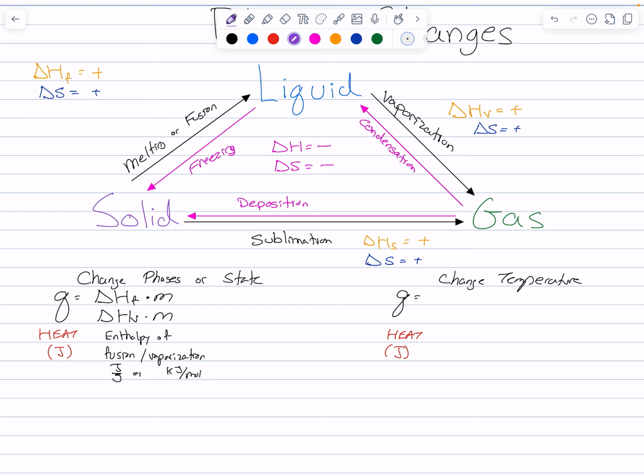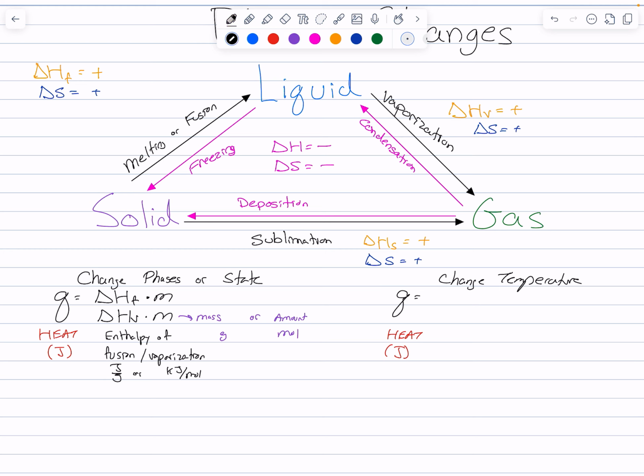M, of course, is mass. So we can have grams, or it could be the amount in moles. Or sometimes you have to go from grams to moles. It just depends what you have. Those are phase changes, or changes of state.